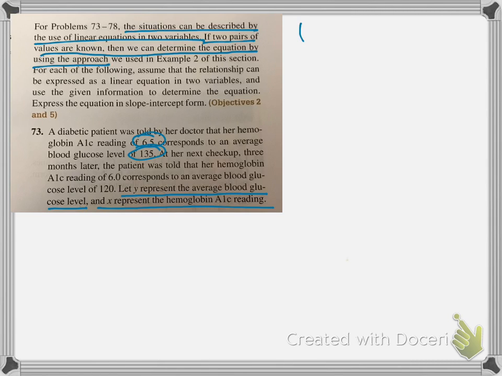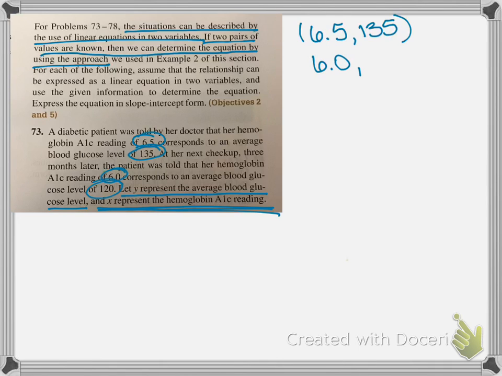Her hemoglobin A1C reading of 6.5. And then we're told down here, X represents the hemoglobin A1C. So it's 6.5. And what's the Y value? 135. Okay. Now, my second point then is 6.0 and 120.